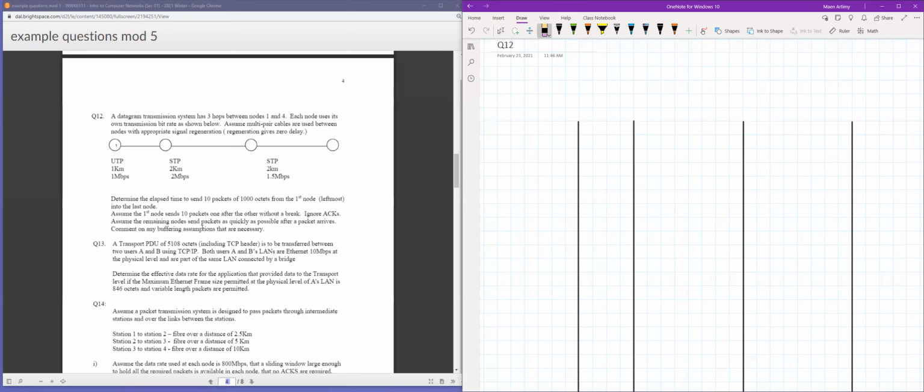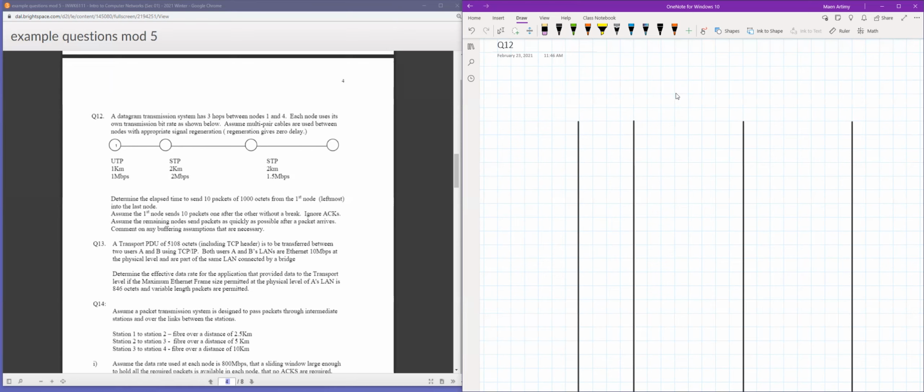Assume the remaining nodes send packets as quickly as possible after a packet arrives. Comment on any buffering assumptions that are necessary. Okay, so this is what I'm going to do on this side of the screen.